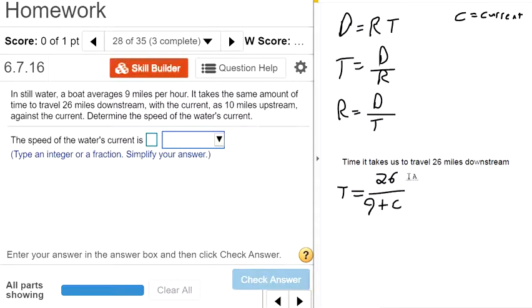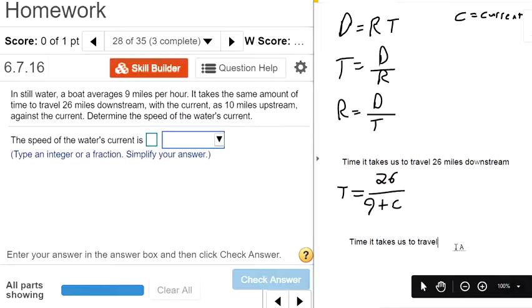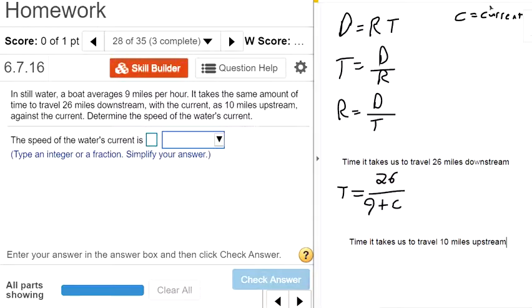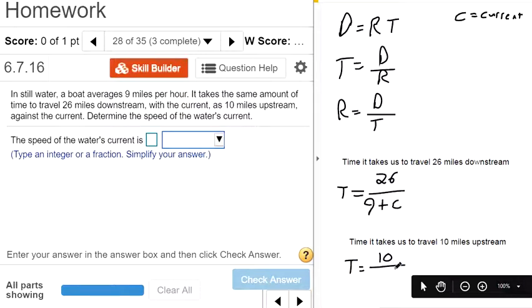And then we can make another similar equation. The time it takes us to travel 10 miles upstream. So time equals 10 miles over 9 minus c, right? In this case, the current is working against us, so we should be less than our still water speed.